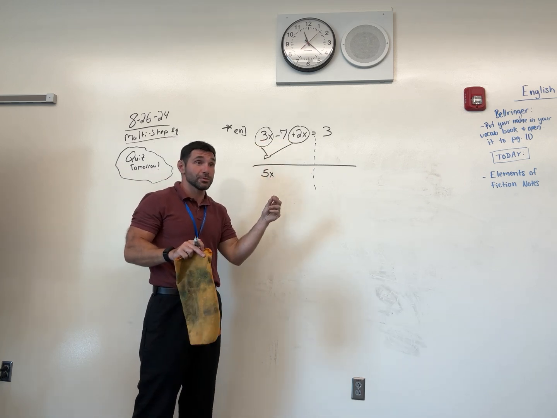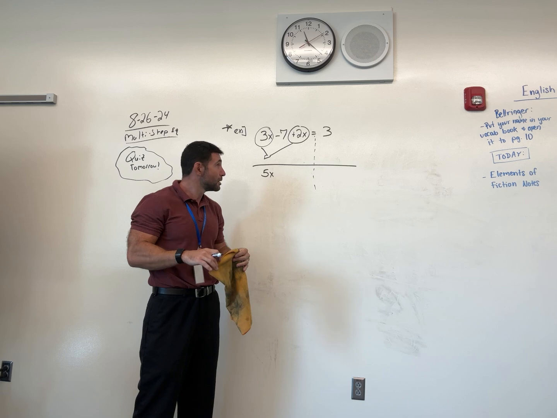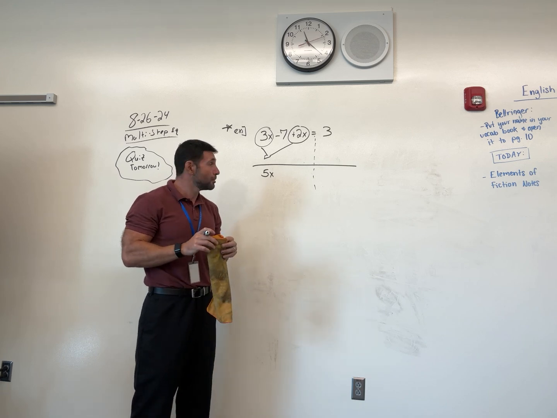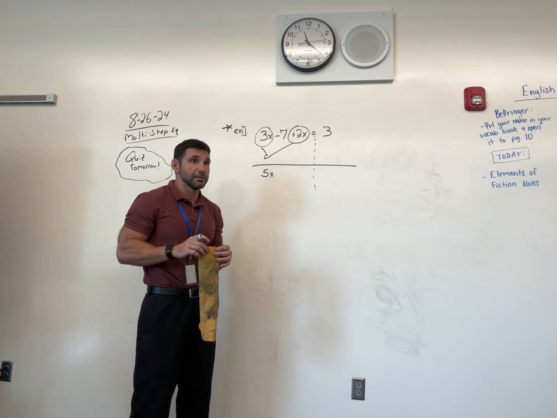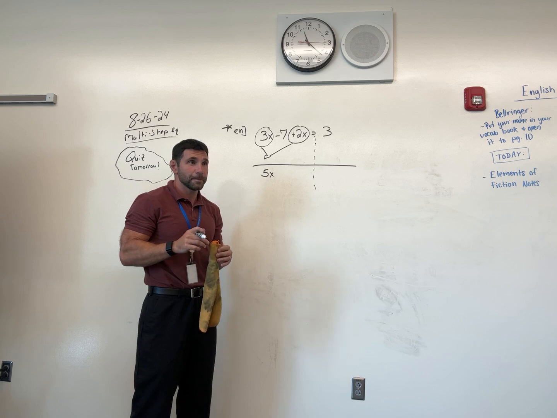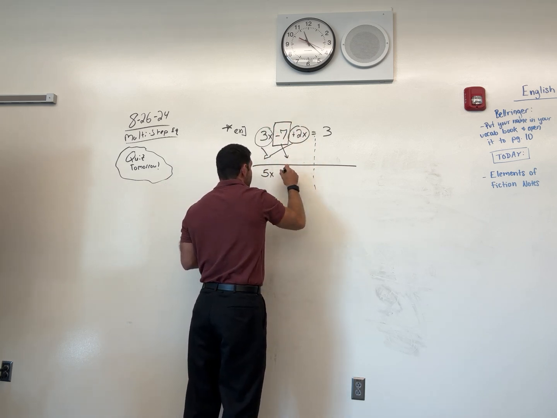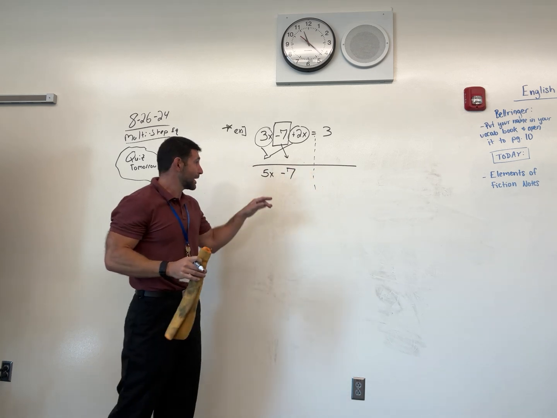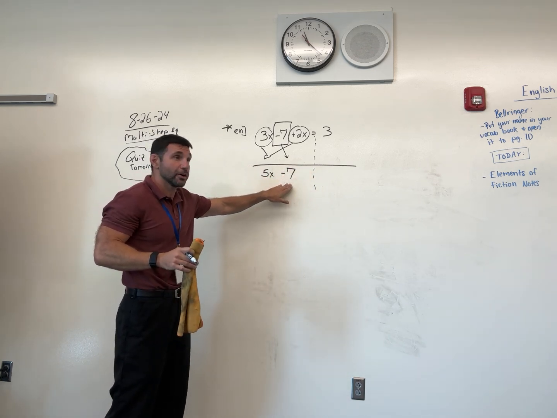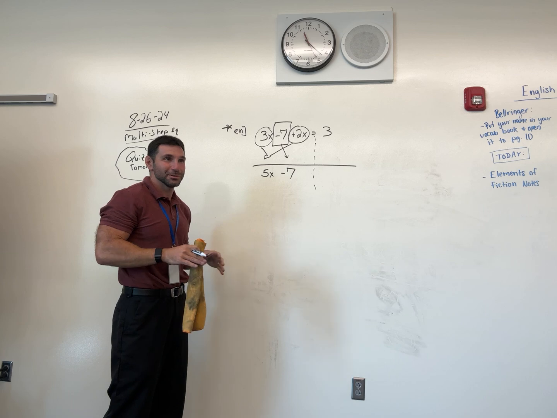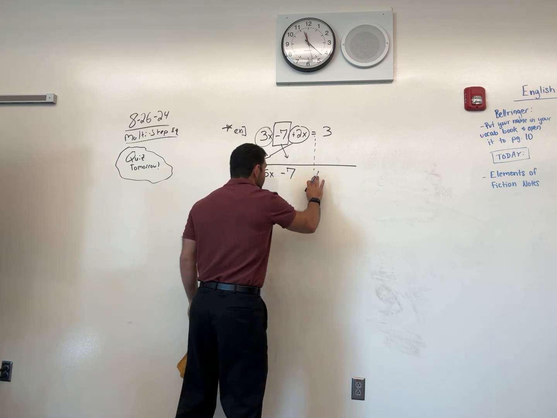Those are like terms. I can combine all those. Yo, Mr. H, you left something behind. What's left behind? Negative 7. The negative 7 comes down. Can I combine a variable and a constant? Absolutely not. So we're done combining.